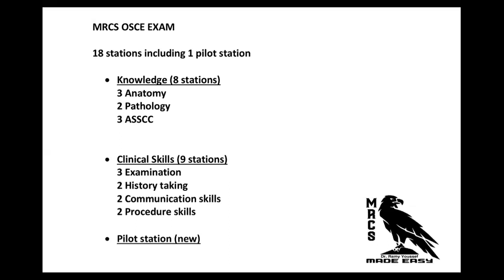You have to be trained for this. You have a special protocol you have to follow. By the way, this is also a 6-minute station and 3 minutes for discussion. Okay, 6 minutes doing and 3 minutes for discussion.